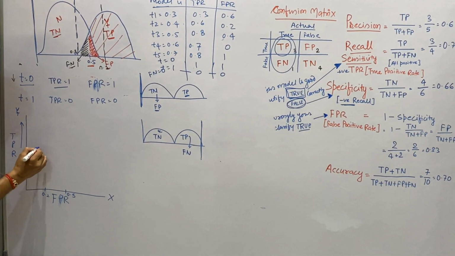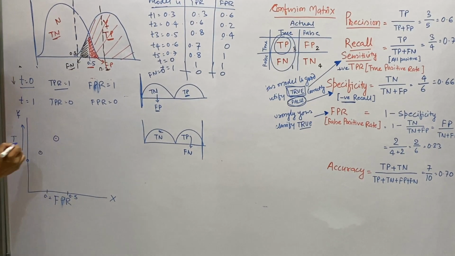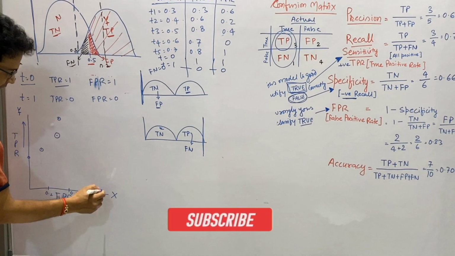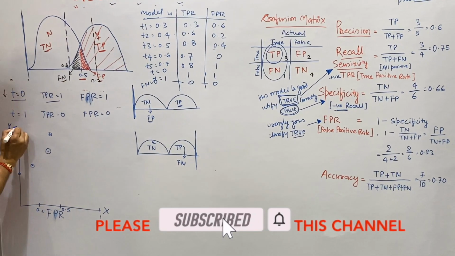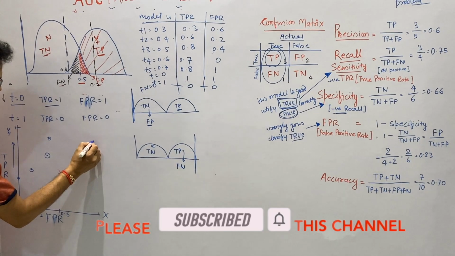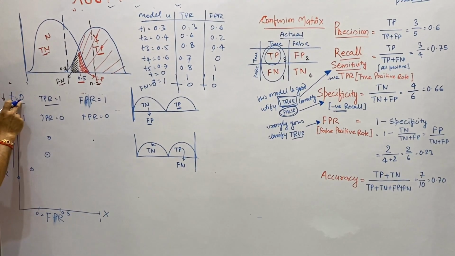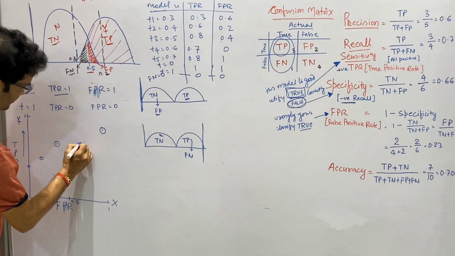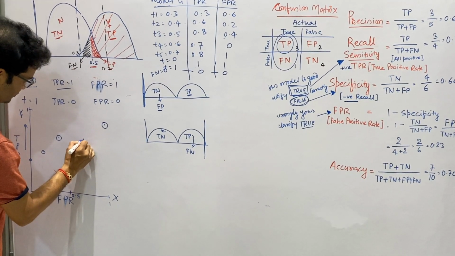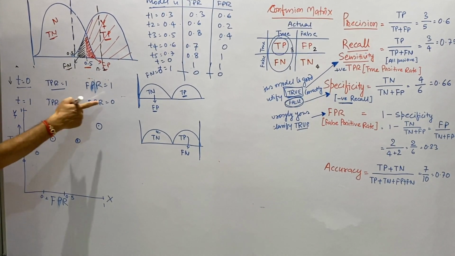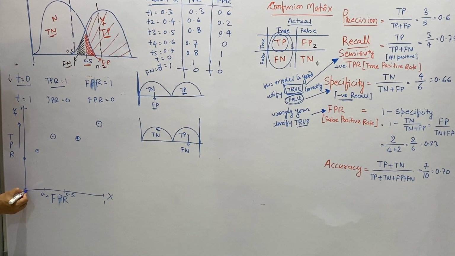So suppose you make this kind of thing, right? And this kind. And here this is the 1, and here this is the 1, right? 1 would also be possible when the threshold is equal to 0, right? And this 1 is 0 also when the threshold is equal to 1, right?